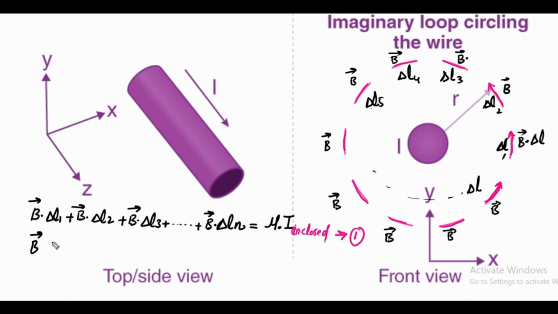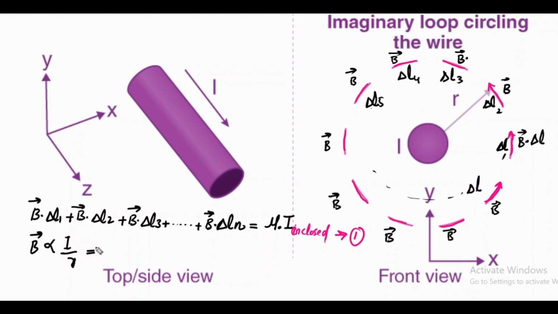This magnetic induction, as we discussed in the previous simulation, is inversely proportional to the radius of the circles made by the current carrying conductors. And the magnitude of B increases by increasing the current in the conductor. So B is directly proportional to I, the current of the conductor, and inversely proportional to the radius.